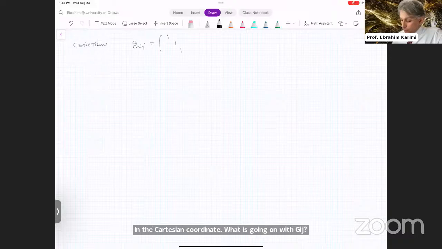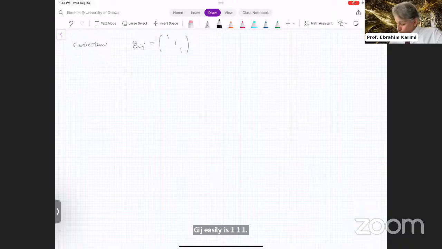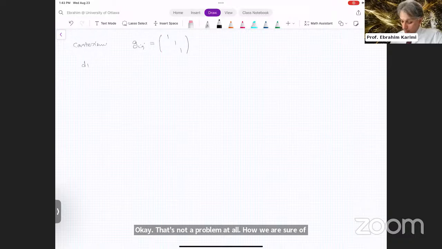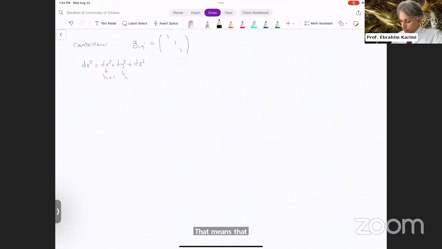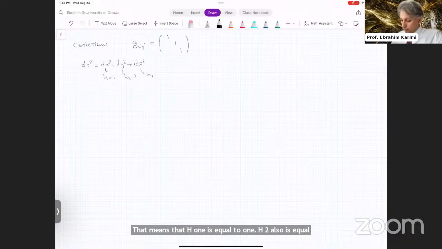Gij is easily 1, 1, 1. Not a problem at all. How are we sure of this? Because if we calculate dr squared, that will be dx squared plus dy squared plus dz squared. That means that h1 is equal to 1, h2 is equal to 1, and h3 is also equal to 1. So that's easy.